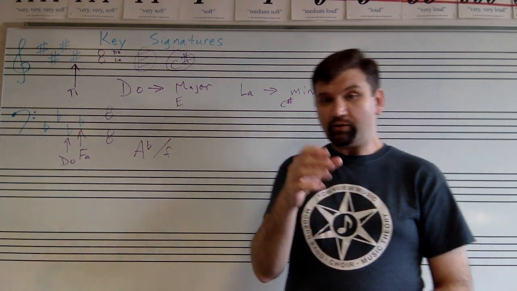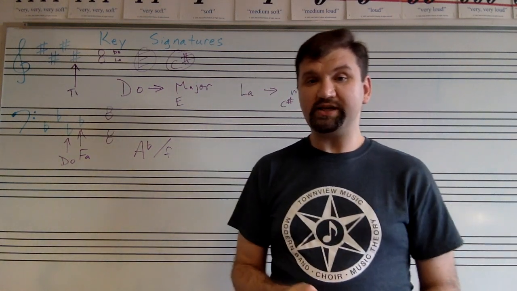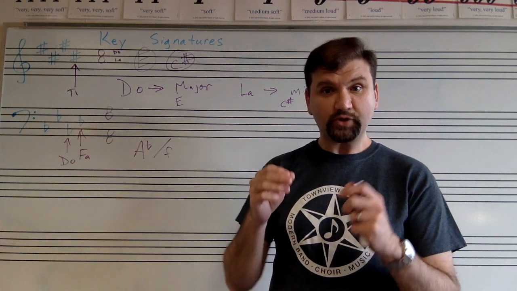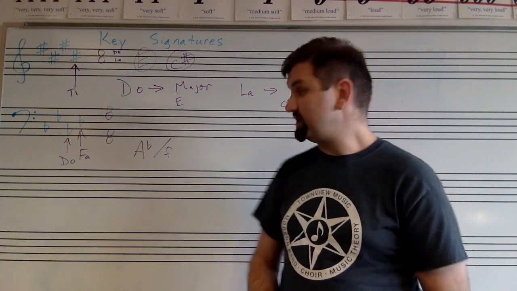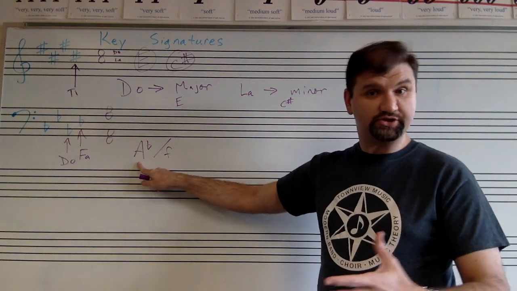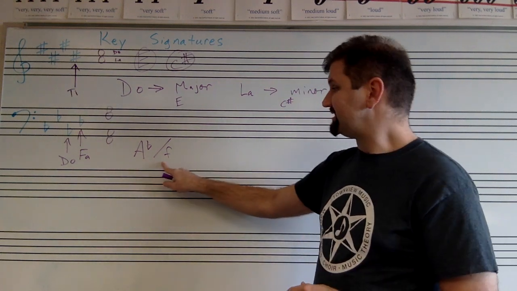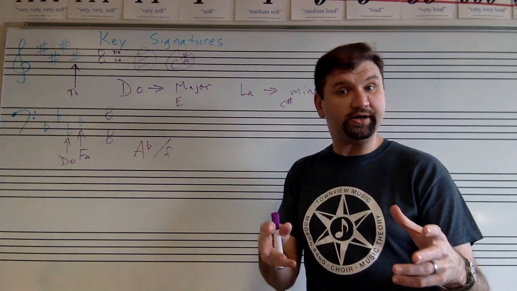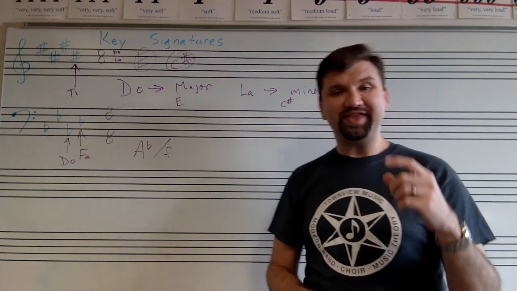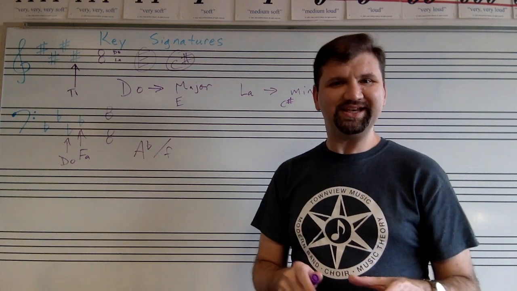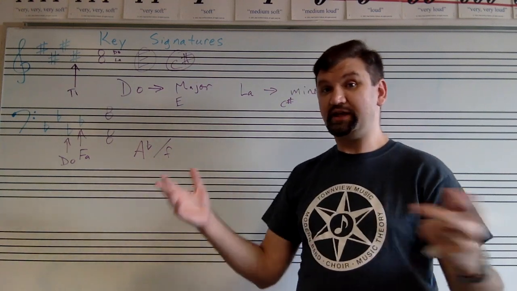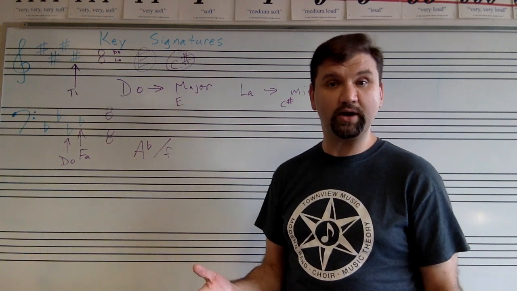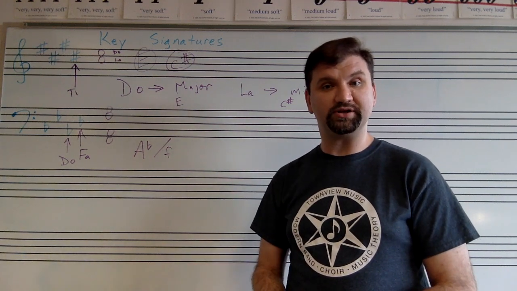So in order to find out the key of an actual piece of music, you have to listen to or look at the piece of music and see, does it center around do, major? Or does it center around la, minor? And once you know that, then you can answer what key it's actually in. Until then, you get this or this, equal possibilities, could be either one, have to get more information.